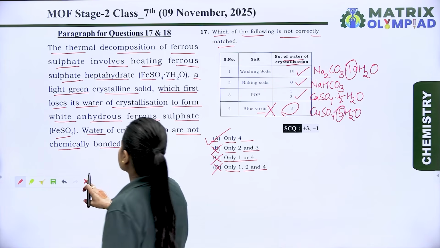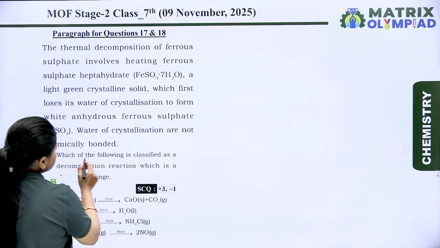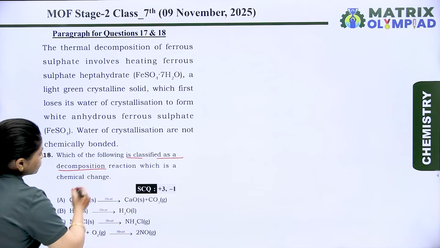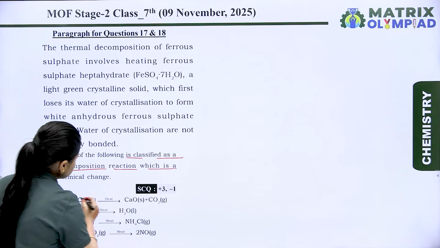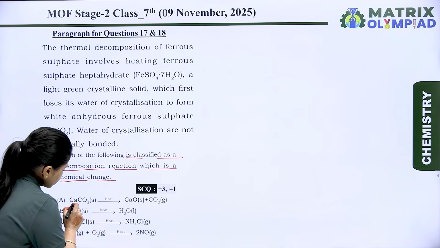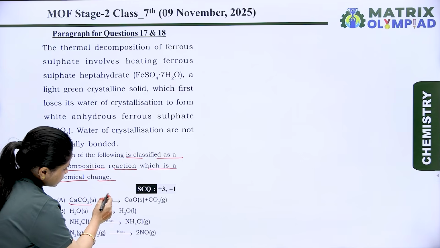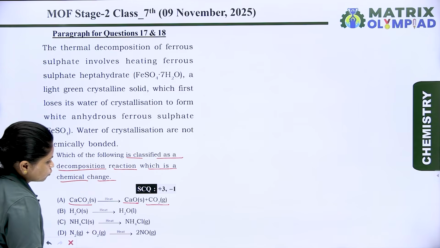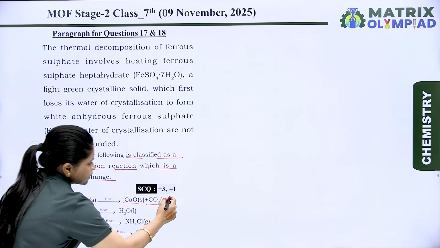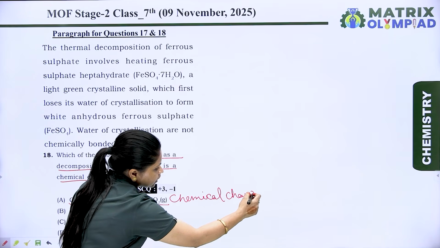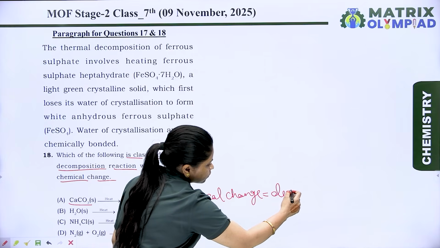Now the next question is, which of the following is classified as a decomposition reaction, which is a chemical change? Now the options are option A, calcium carbonate is heated, giving calcium oxide and CO2, and this is a chemical change and also a decomposition reaction.